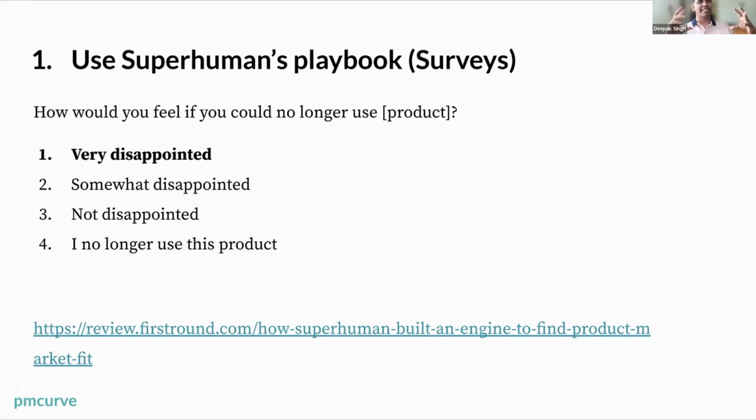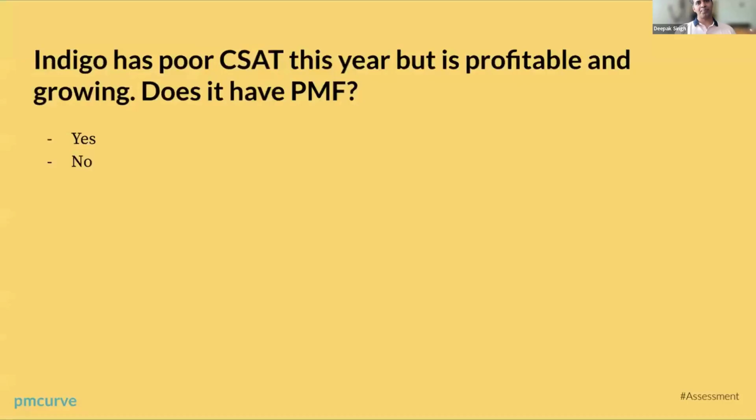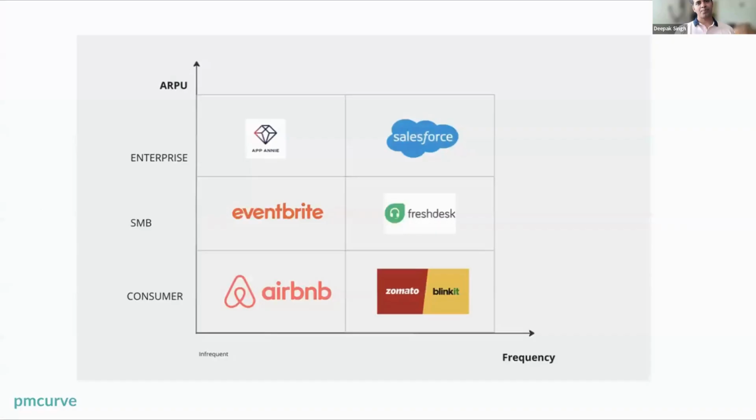So there is a certain disconnect between surveys there and surveys here. And the disconnect is actually the ARPU. Superhuman sits where Eventbrite sits, charging $30 per month to the consumer. The ARPU is actually high.